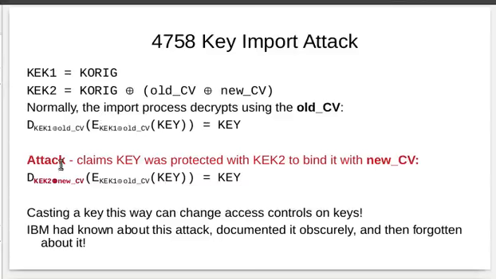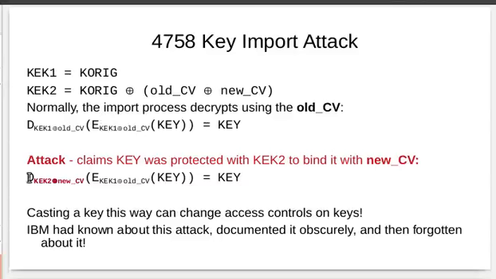The attack would involve claiming that the key was protected with KEK2 and binding it with a new control vector. Remember, control vectors imply access control, so you could put in any kind of access control that could give people access to things that they shouldn't have.